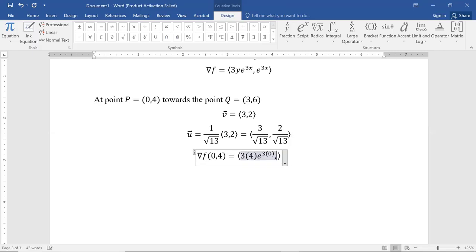That'll be my first component. My second component will be e to the 3 times 0. So my gradient at the point (0, 4) is going to be (12, 1). 3 times 4 is 12. e to the 0 power is 1. So 12 times 1 is 12. And then e to the 0 power is 1.